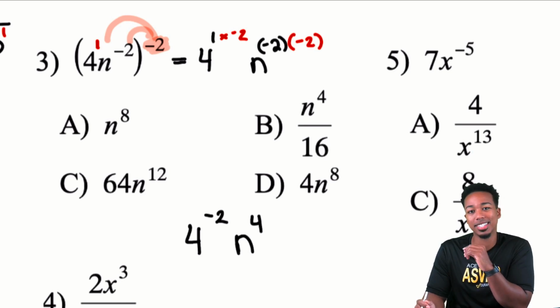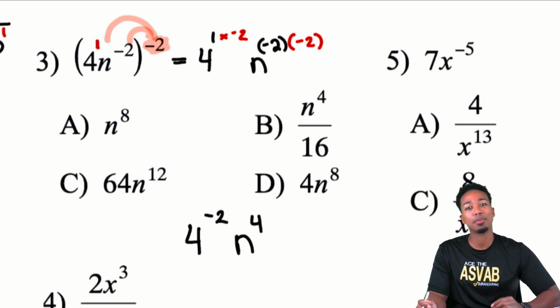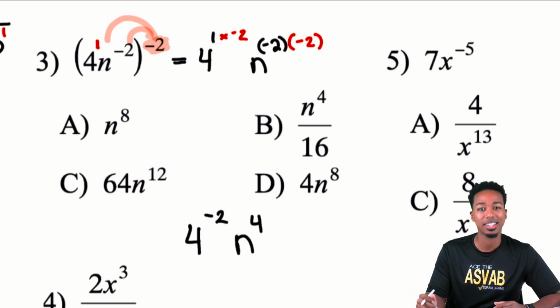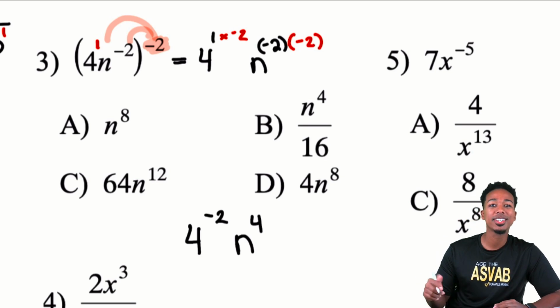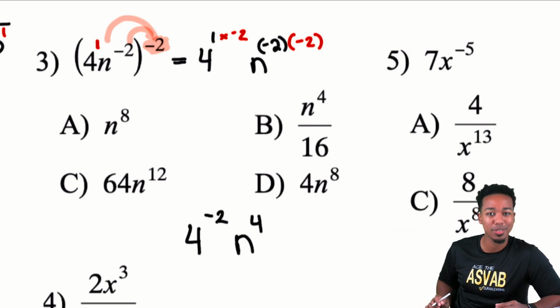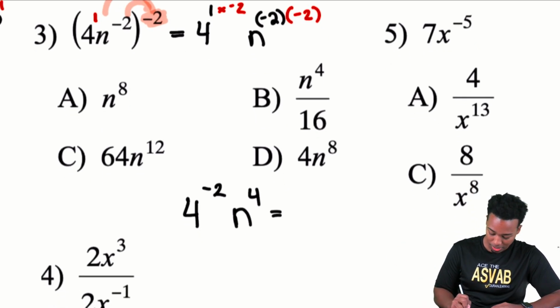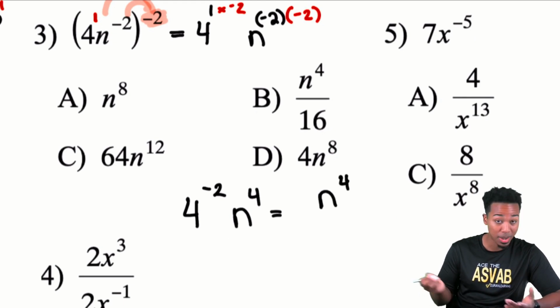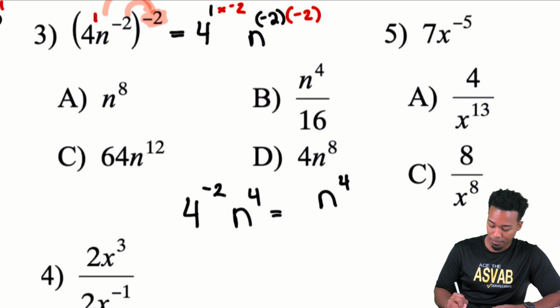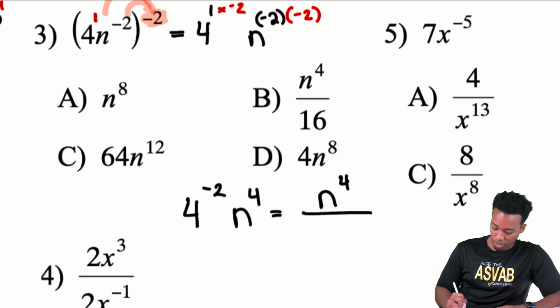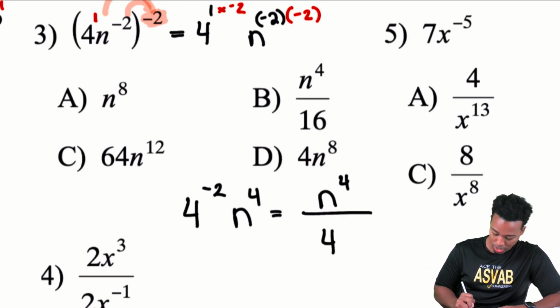We are not quite done yet. Because remember, a negative power means that we are dividing by that number that many times. So we have 4 to the power of negative 2, which is going to be the same thing as keeping the n to the power of 4 up top, because its exponent is positive. In the denominator, we're going to have 4 squared.